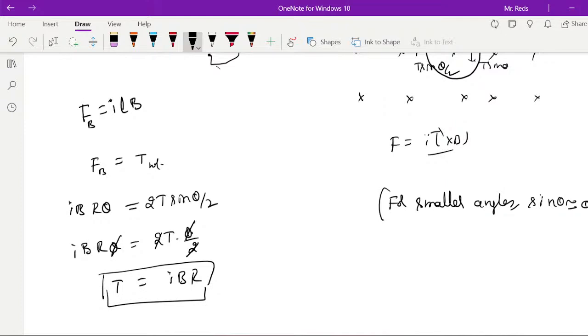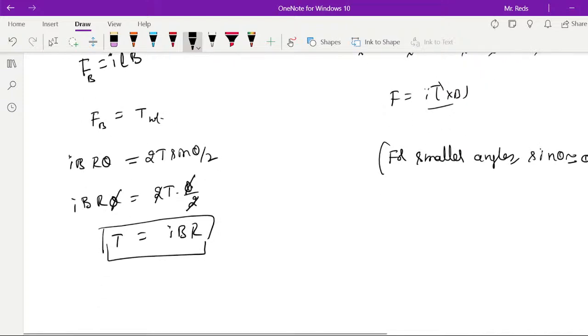This is the tension developed in the wire. But if you see the options, IBL by pi, IBL by 2 pi, IBL by 4 pi kind of expressions are there. IBL is given, but not in terms of R. You cannot simply take IBL here. Why? Because this is the length of the arc. For an entire circle, the total length of the tape is nothing but the circumference, L is equal to 2 pi r.